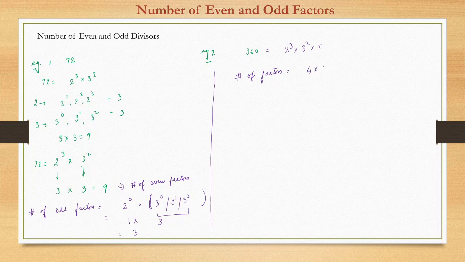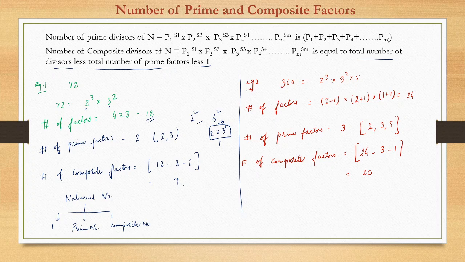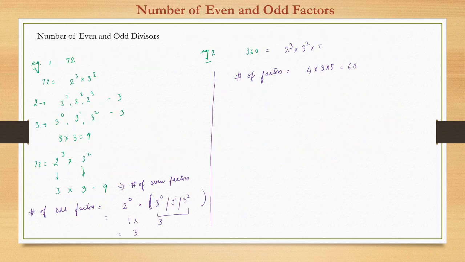It would be 4 into 3 into 2, 24. So this is 24 number of factors.